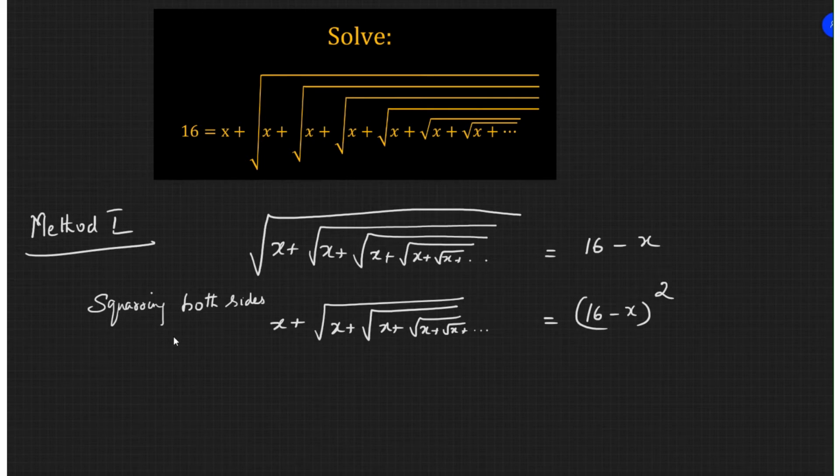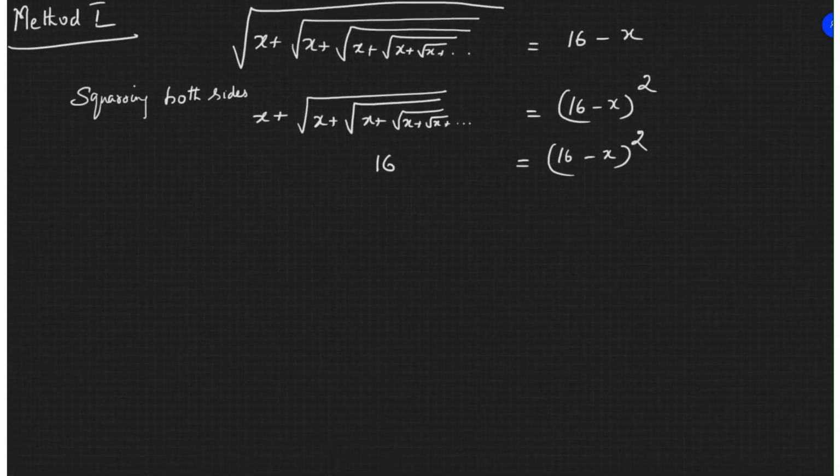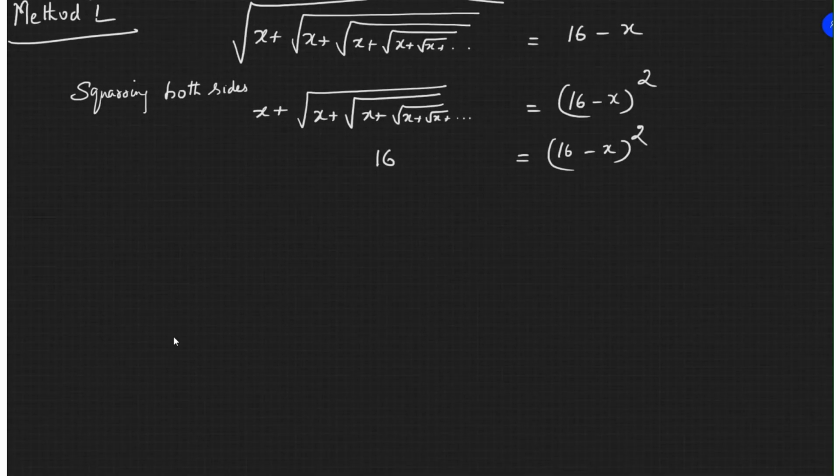But we know that this is also 60, so I get 60 is equal to 60 minus x the whole square. When I expand the 60 minus x the whole square, I get 60 minus x the whole squared is equal to 60.